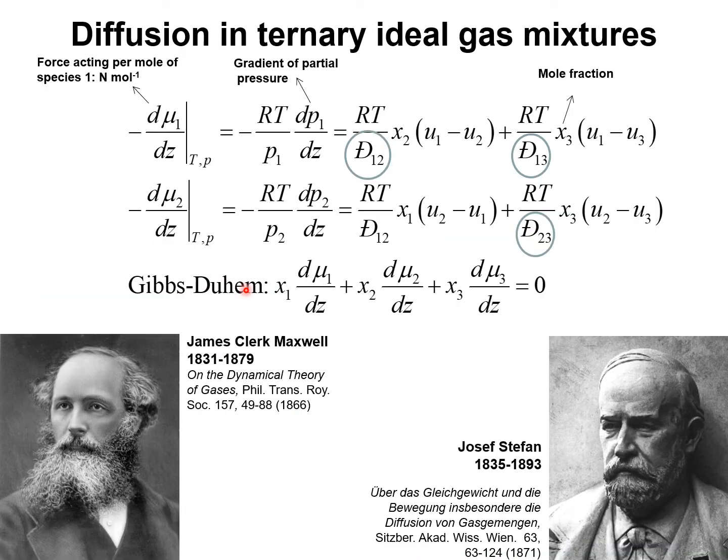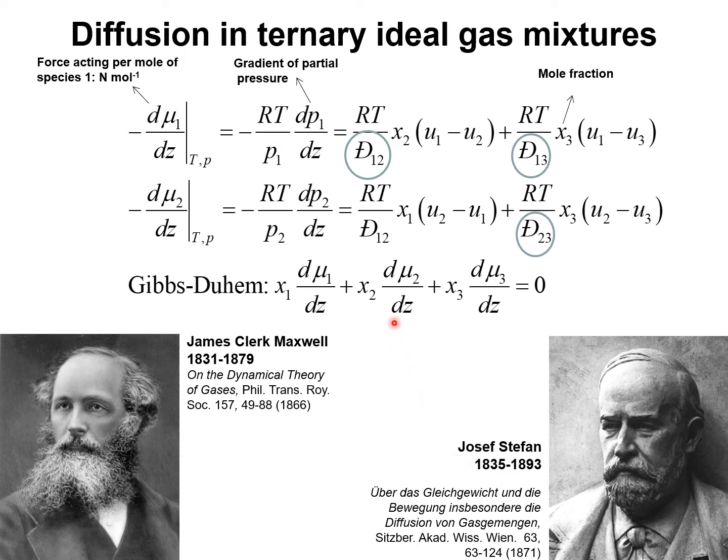Having established that chemical potential gradients are the proper driving forces for diffusion, let us see how best to set up the formulation describing the diffusion fluxes in terms of the chemical potential gradients. The most convenient formulation is to adopt the approach developed originally by James Clerk Maxwell and Stefan to describe diffusion in mixtures of ideal gases.